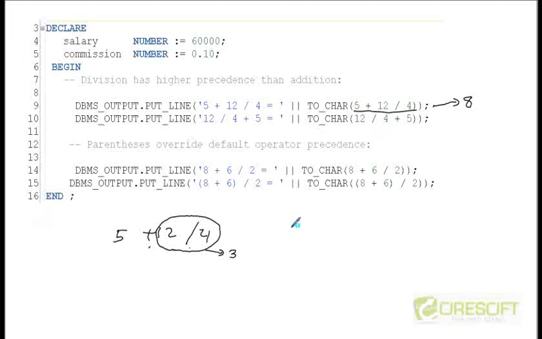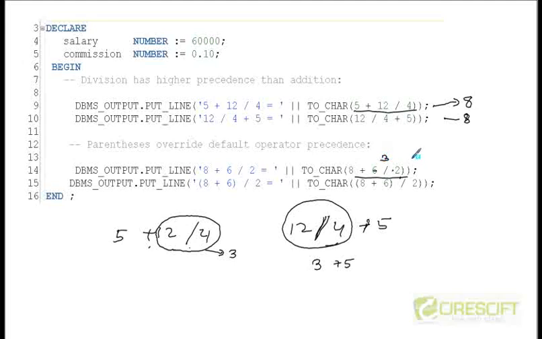In the second example, 12 divided by 4 plus 5. Again, since division goes first, it is executed first, the answer is 3, and plus 5 becomes 8. In this case, 8 plus 6 divided by 2, 6 divided by 2 is done first. So 6 divided by 2 is 3, plus 8 is 11.